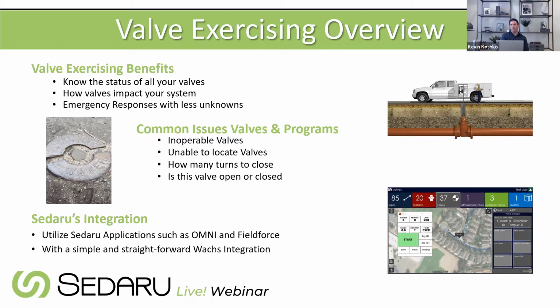A lot of times we're putting out fires, the most important things that are taking place, and sometimes those valve exercising PMs can be put on the shelf due to other things. The challenge with that is when you do that and then you have an emergency, it's usually not a good thing. So it's that prioritization.